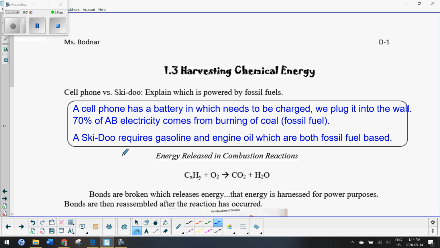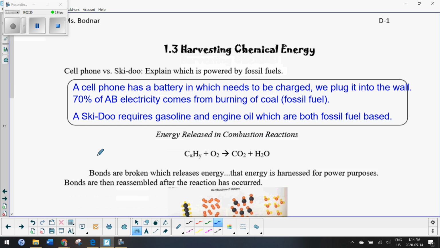So technically a cell phone will use fossil fuels because you're using the electricity that is coming from the wall. A skidoo is pretty self-explanatory because you're putting gasoline and engine oil into the vehicle. And both of these are fossil fuel based. So both of these substances require fossil fuels.